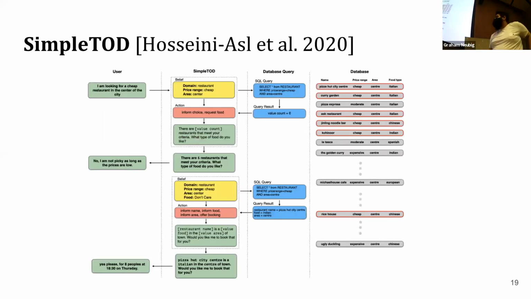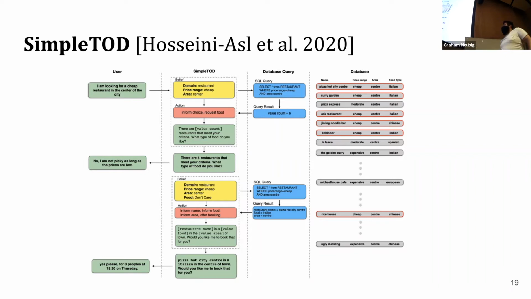And then SimpleTOD is the same concept of sequentially generating things, but in addition to the belief state and the database vector, they also generate the system actions, the dialogue acts. The concept is basically the same.